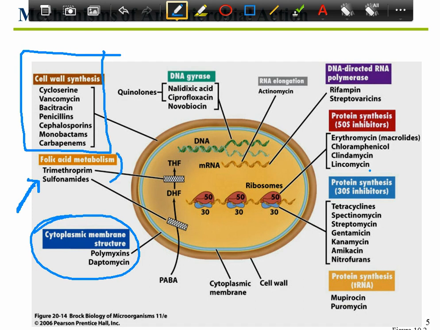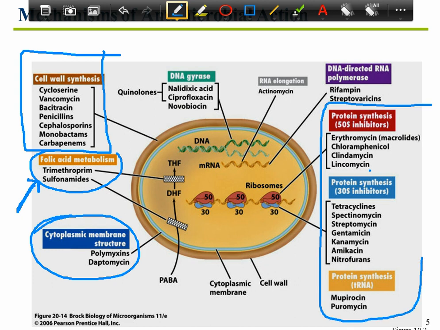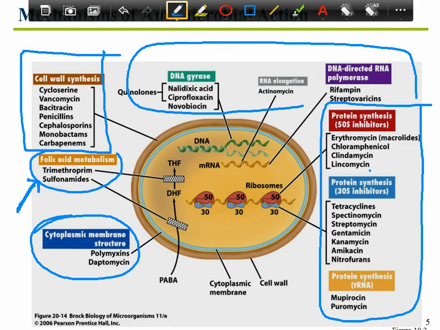That's these guys right here, the sulfa drugs. Then we've got the guys that in some way block or retard protein synthesis, those guys. And then finally we've got the guys that do some damage to DNA replication, and that's the guys at the top. So as you can see, there are about 5 major mechanisms right there.